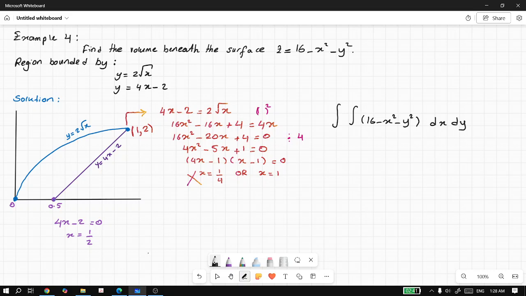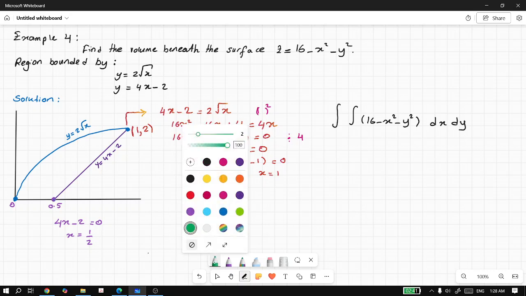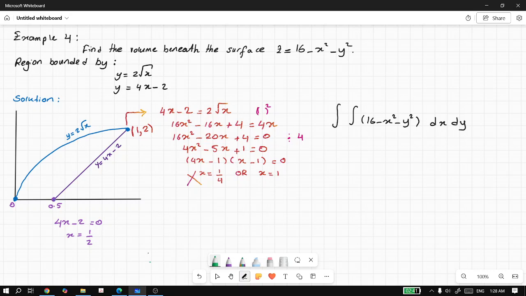As we have studied previously, if we have dx dy, we have to draw a horizontal line parallel to the x-axis and passing through the region that we have got. So it is entering the region at the point in which x is equal to, we have to change that equation to this one, which changes to x equal to y squared over 4.